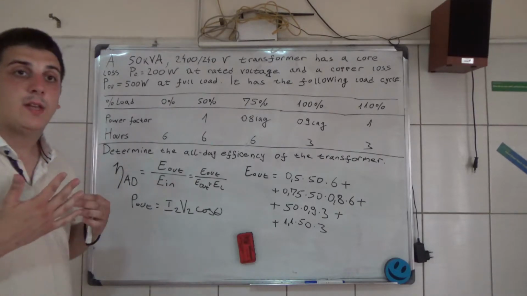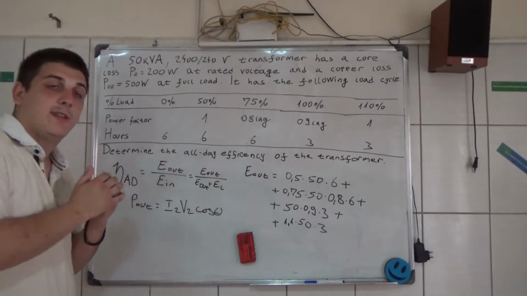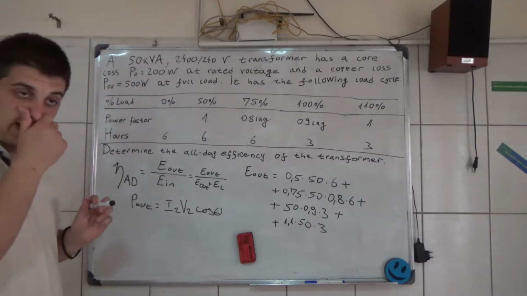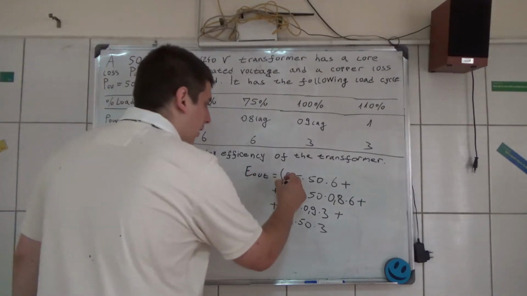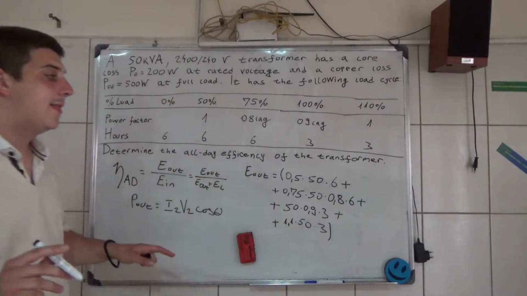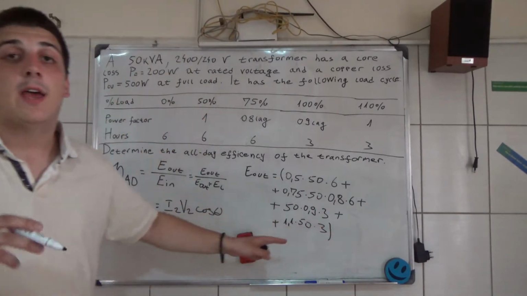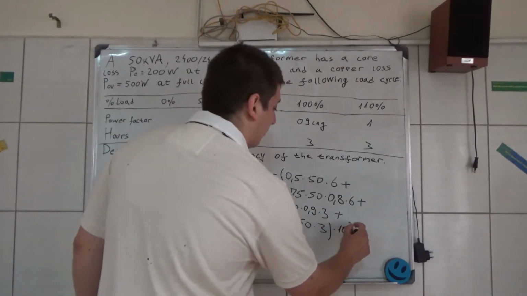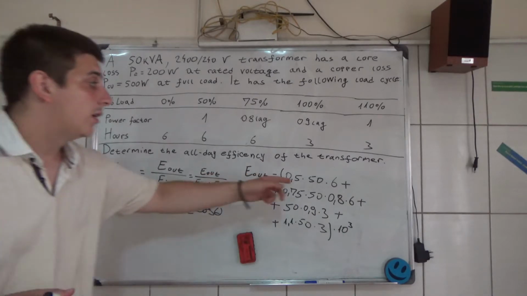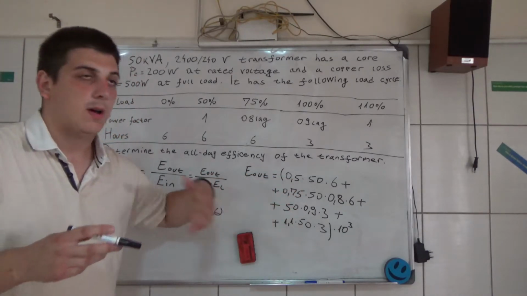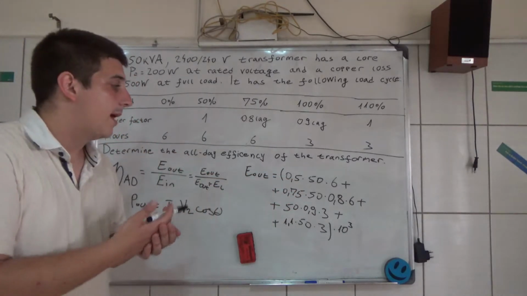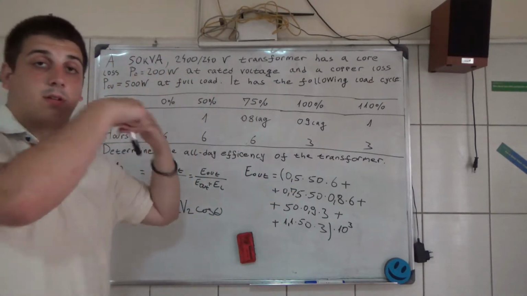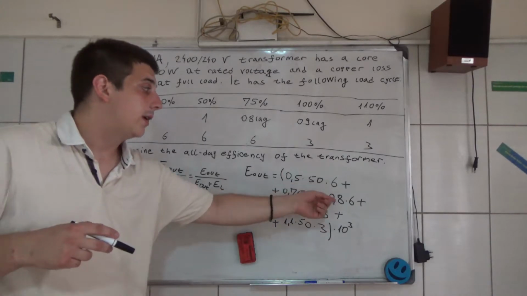Now, I said that we are not going to write down 50 kilo, but we can put all this in brackets like this, and then multiply everything with 1000 or 10 to the third, because every part here has kilo, so I didn't write down kilo, kilo, kilo.